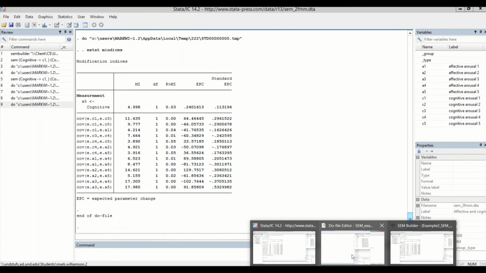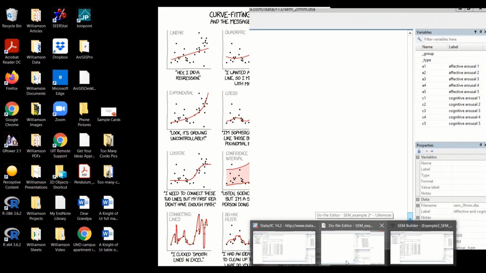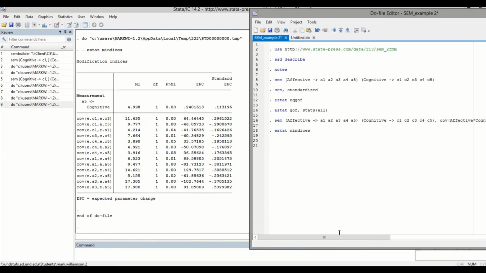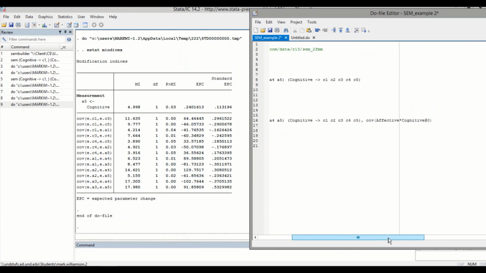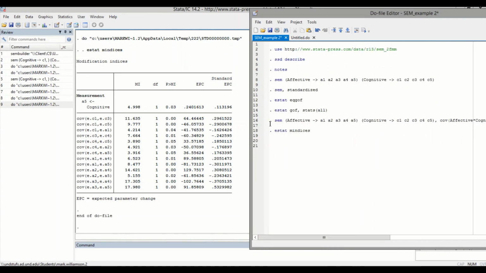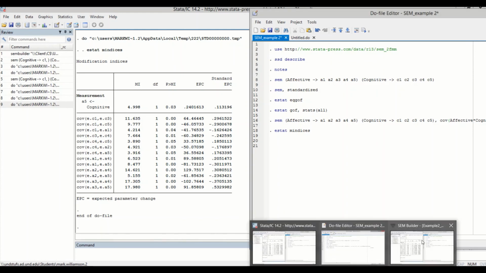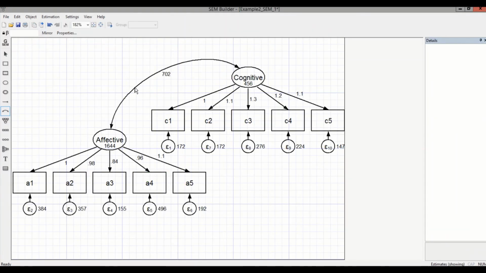Finally, let's also look at running the modification indices again. But first, we're going to run a structural equation model where we take out that covariance that we had. If we really wanted to do this in here, we would just come over to this variance and delete it.